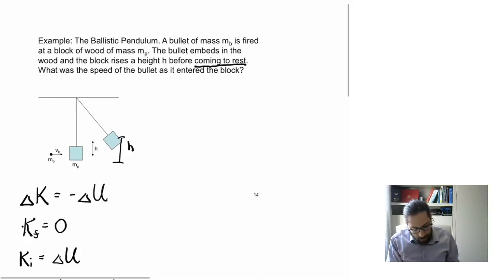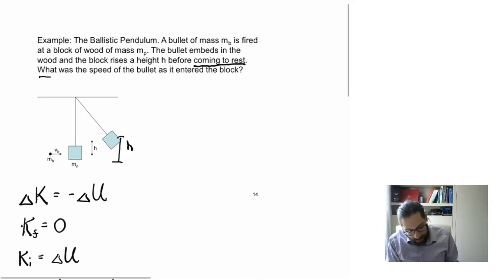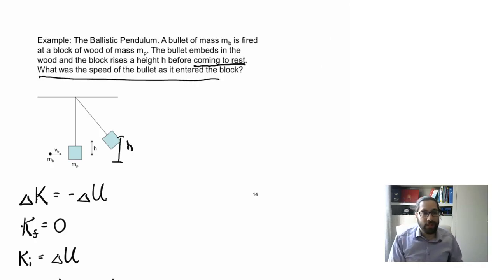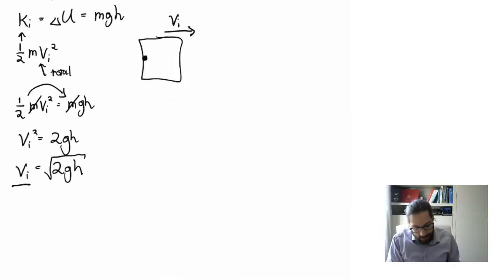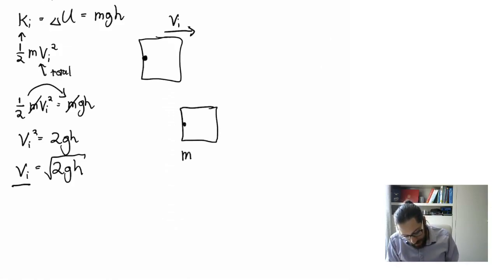Okay? Now, what the question is asking is, what was the speed of the bullet as it entered the block? So in this particular case, we have some object which has a mass equal to the mass of the bullet plus the mass of the block. And this has some velocity, v initial equals square root of 2gh.